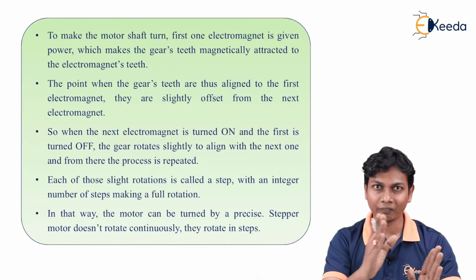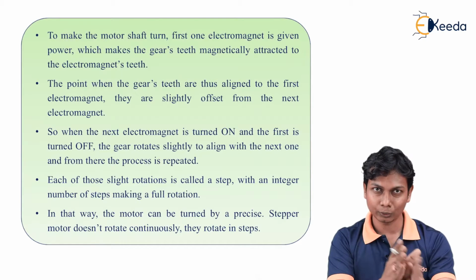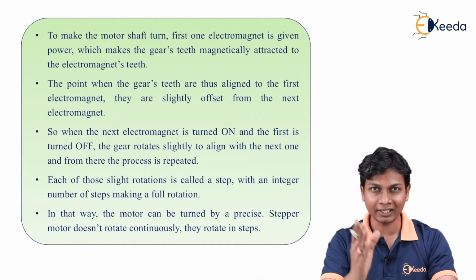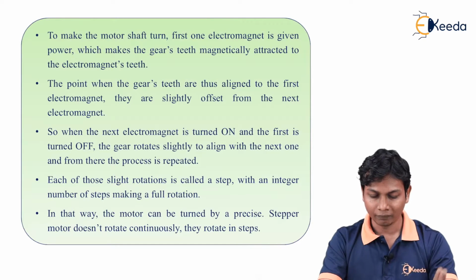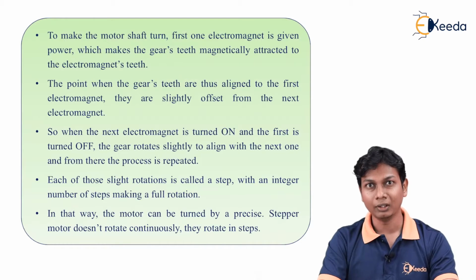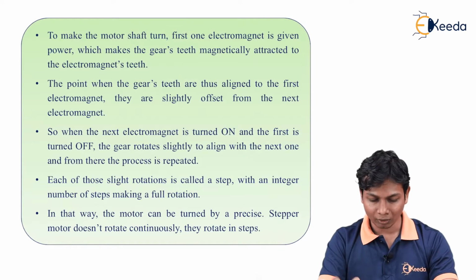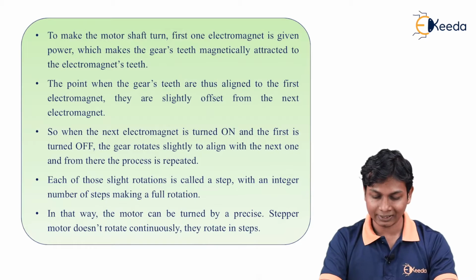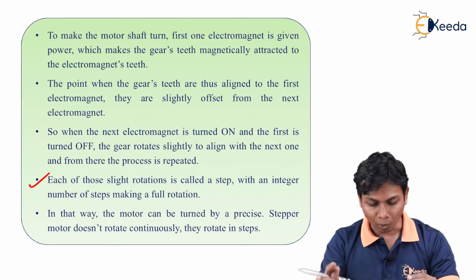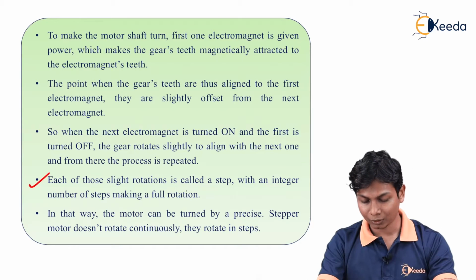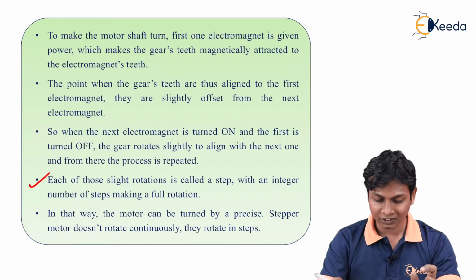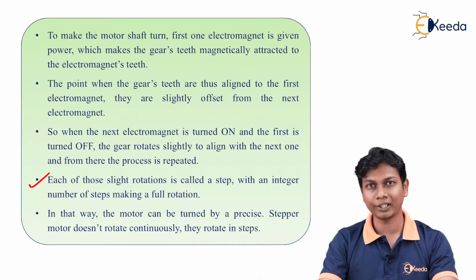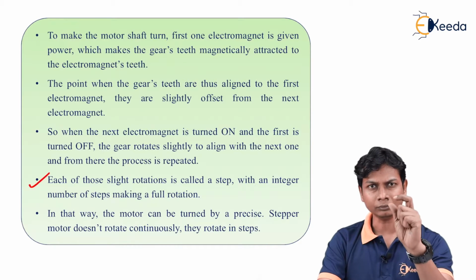So from the first gear to the second gear there is a slight alignment, and when one electromagnet is turned on, the other is off. Each of those slight rotations is called a step, and an integer number of steps makes a full rotation. Means what?